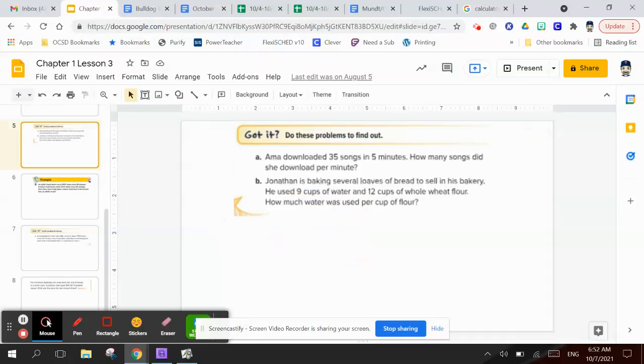So here's a couple of got it problems. We'll do letter A together, and I'll let you do letter B on your own. Letter A says Anna downloaded 35 songs in 5 minutes. How many songs does she download per minute? So I have 35 songs in 5 minutes.